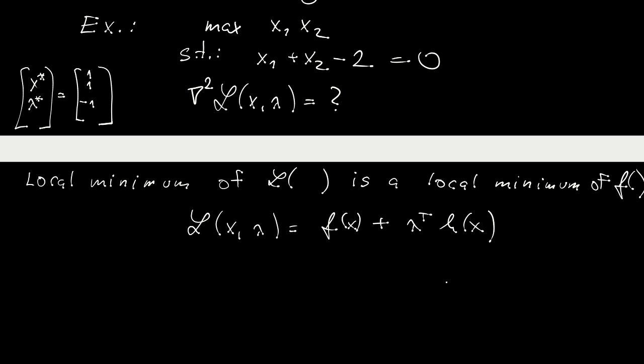As long as the x that you found satisfies the constraints, then you can actually disregard this term over here, and the value of the L function coincides with the value of the original cost function, and it cannot be made smaller because the term that stands by the lambda variable is a 0.